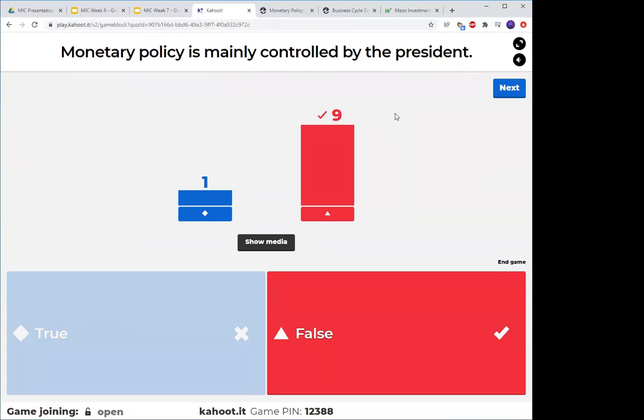Well, a specific type of bank. Yes, the central bank. The central bank is the one that controls monetary policy. Within this country, the central bank is called the Federal Reserve. In the European Union, where they have the euro, it's the European Central Bank.